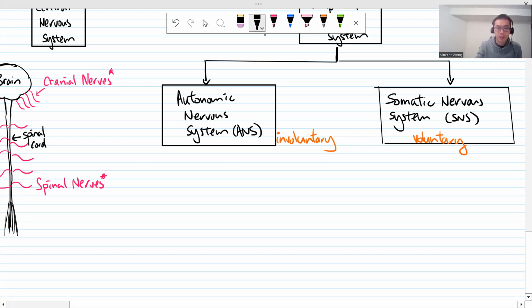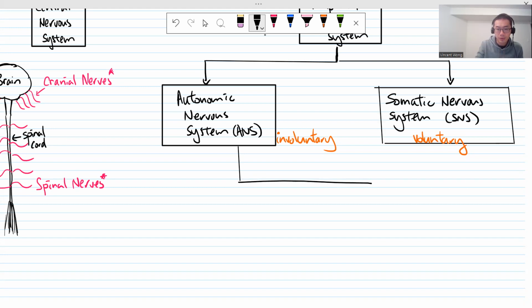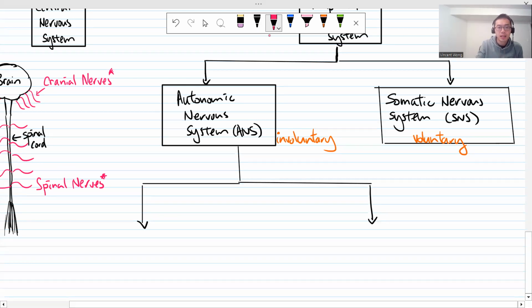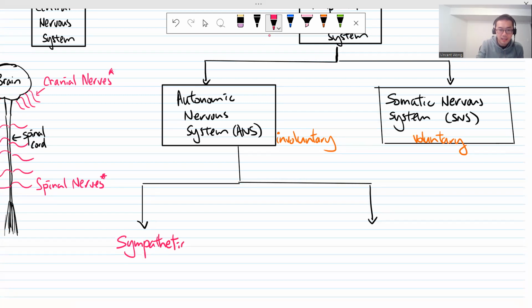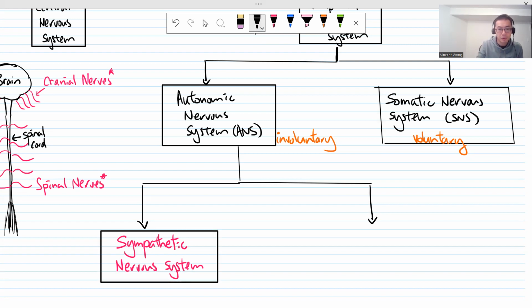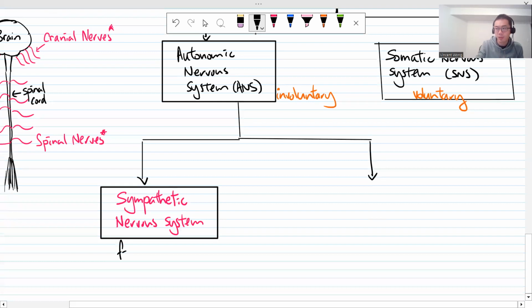All right. Within the ANS, this autonomic nervous system, there are two other divisions that work against each other. And we have the sympathetic nervous system. I have the PowerPoint slides coming up, but very briefly, this is for the fight or flight response.